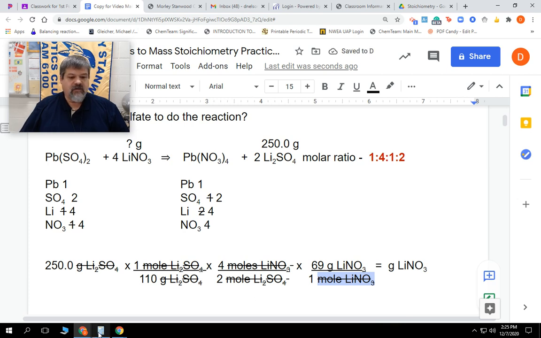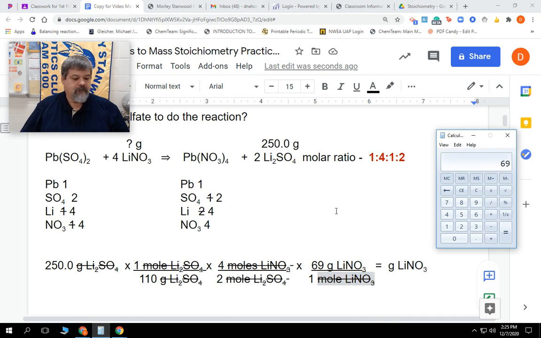Now all I have to do is the math, and the math says I'm going to multiply by the top, divide by the bottom. So we're going to take 250 divided by 110, multiply by 4, divide by 2, then multiply by 69. So let's start off. We have 250, and we're going to divide that by 110, multiply by 4, then divide by 2, and then multiply by 69.